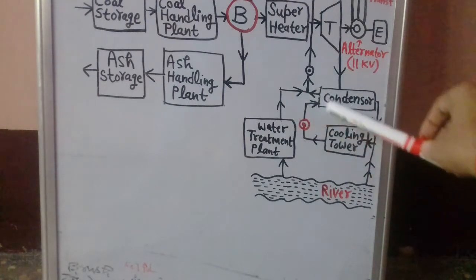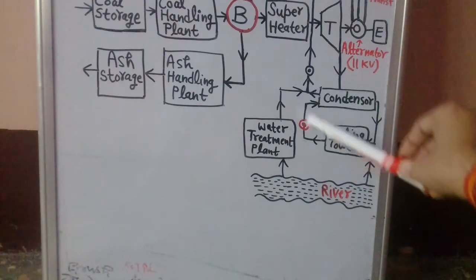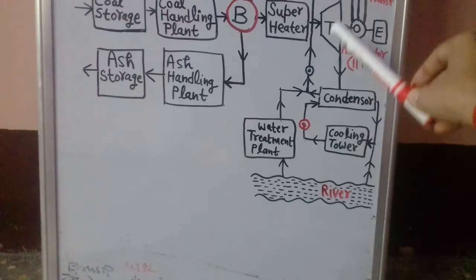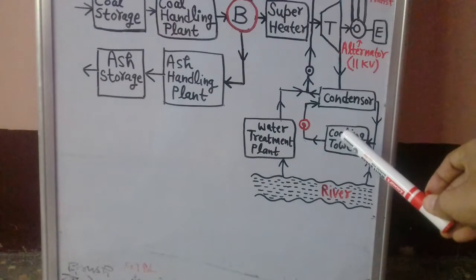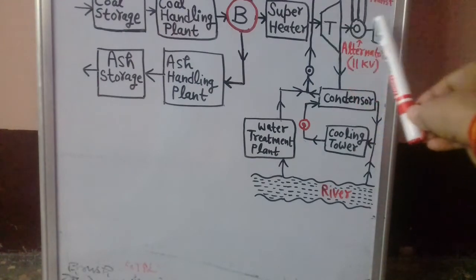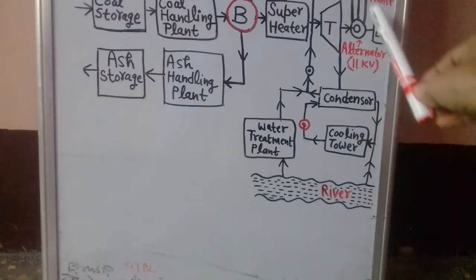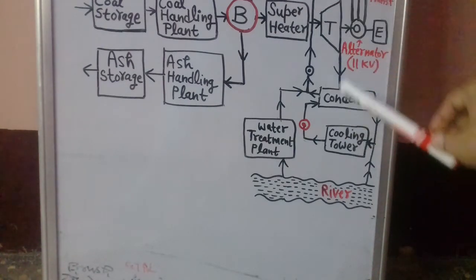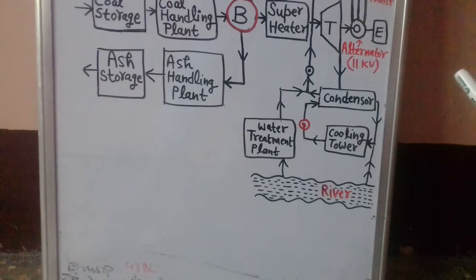So this is a feedback process. That's how we are avoiding the wastage of the steam which is coming out of the turbine. There is one steam which is being utilized for the electrical energy production, but the remaining steam that we are getting out of the turbine, we will not allow to pass to the atmosphere directly for wastage.